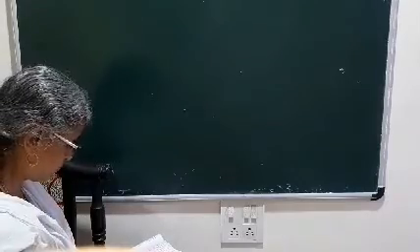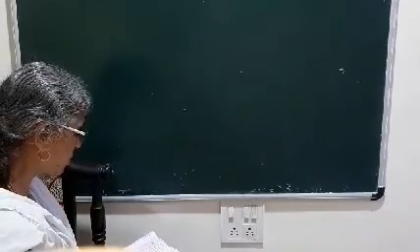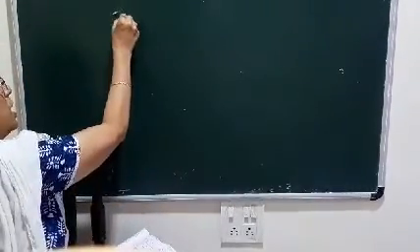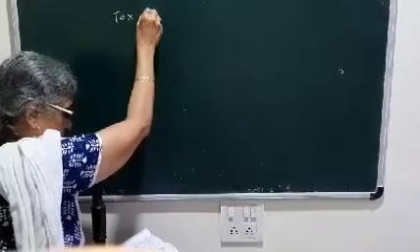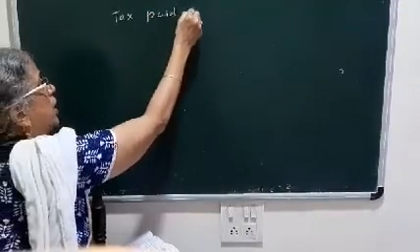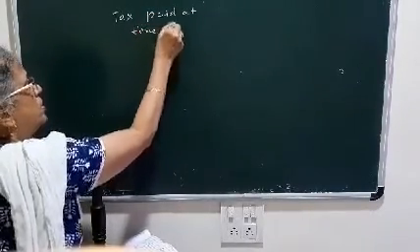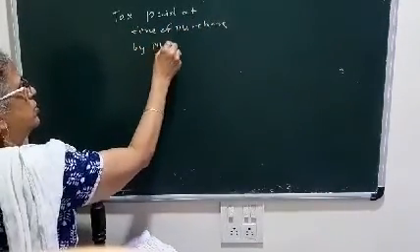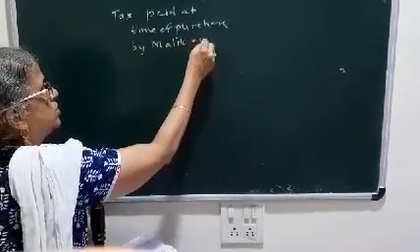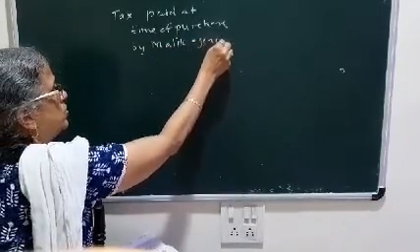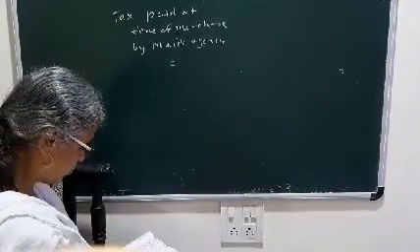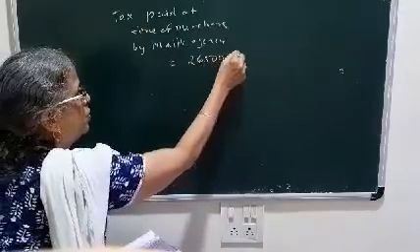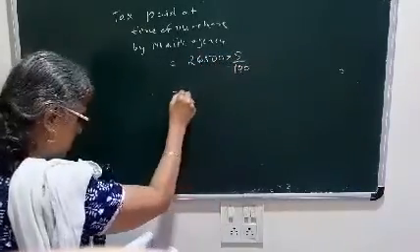So here first we are going to calculate the tax paid at the time of purchase by Malik Gas Agency. The tax paid at the time of purchase by Malik Agency will be 24,500 into 5 upon 100, because they have given 5%.